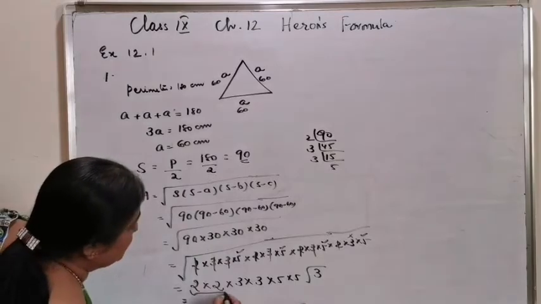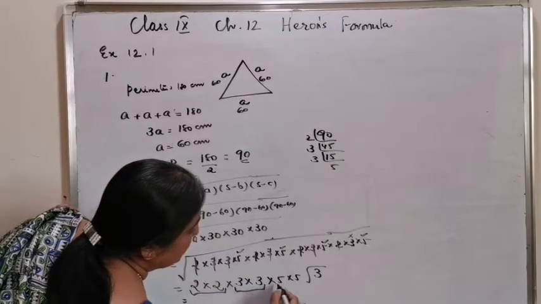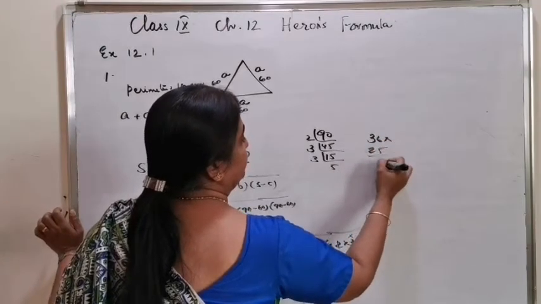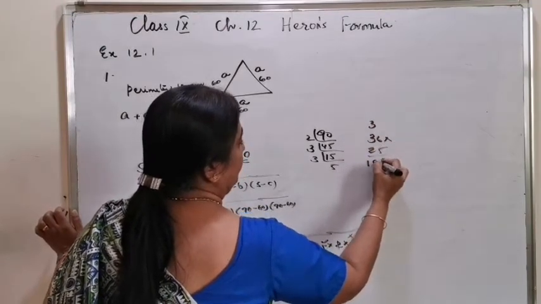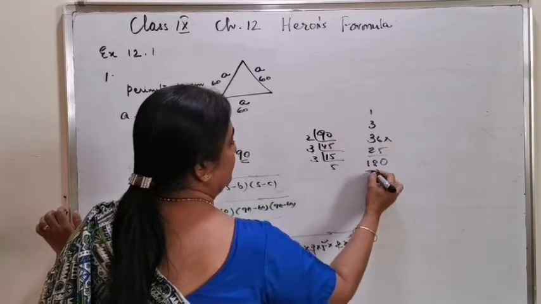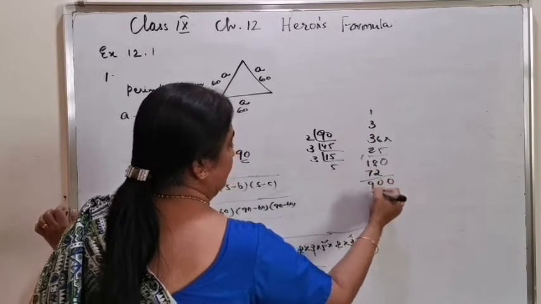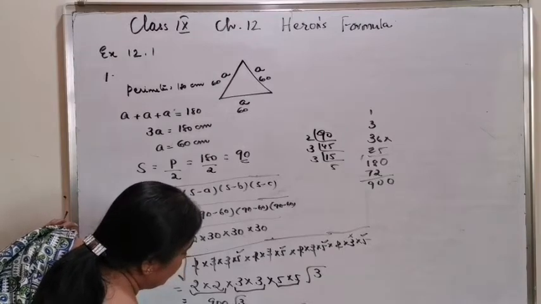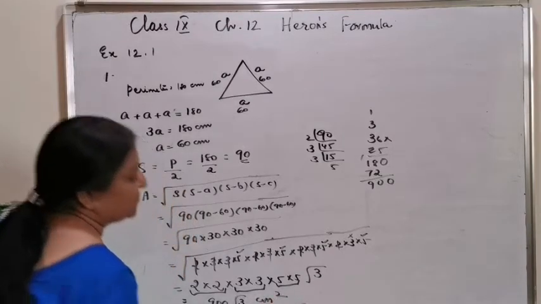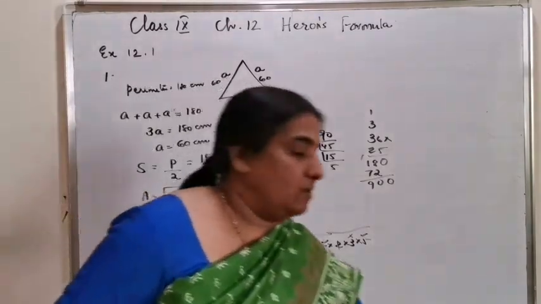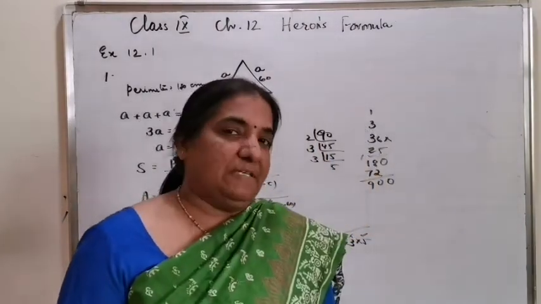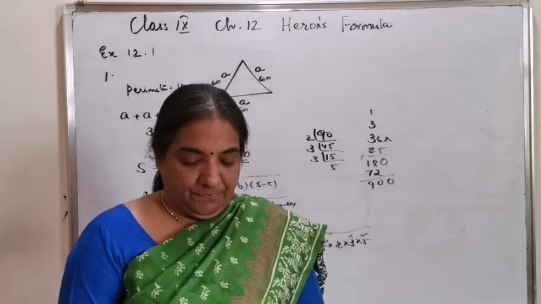That is 2 2s are 4, 9 4s are 36, 36 into 25. That is 900 root 3 centimeter square is the area of the signboard. For the exam, if the value of root 3 is given to you, please multiply with the value.